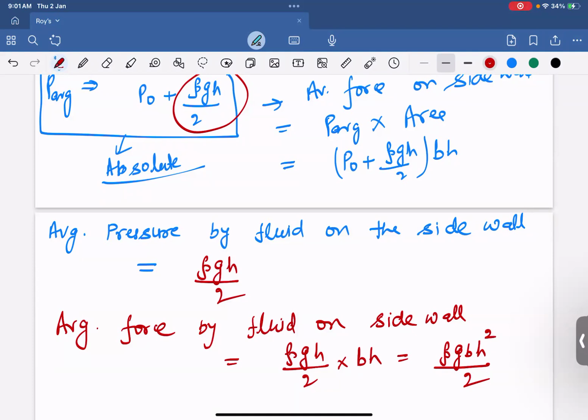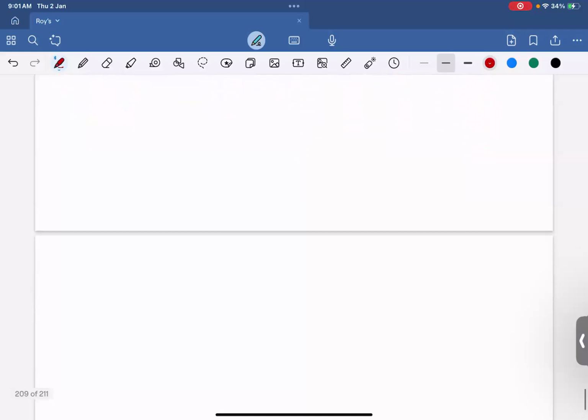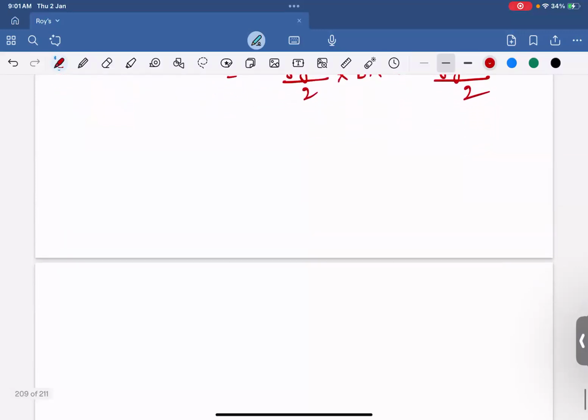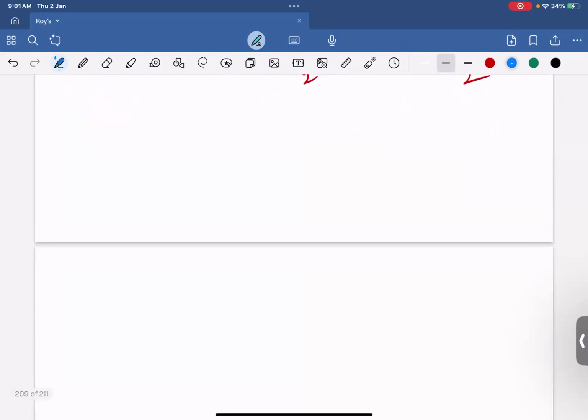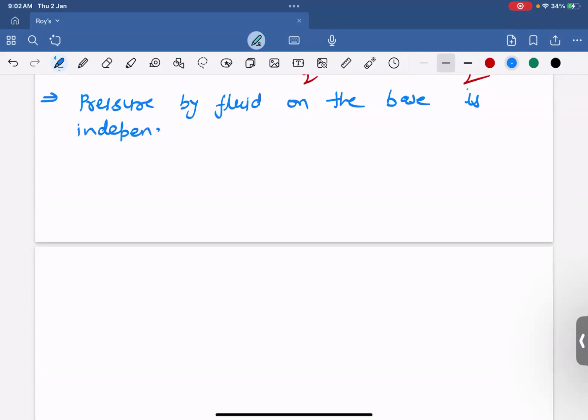Now the property you also understand: first is, the pressure by fluid on the base is independent of the shape of the container.